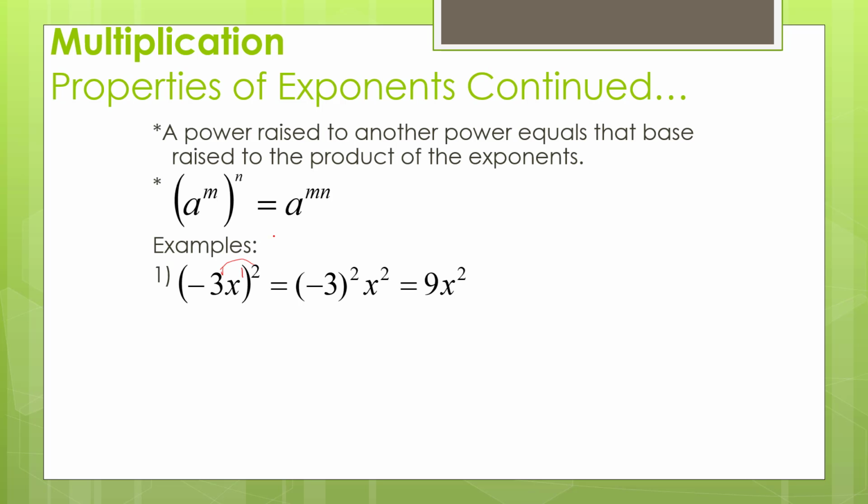And so my 1 times 2 get multiplied as a power for negative 3. Again, our 1 times 2 get multiplied as a power to x. So that ends up with negative 3 times negative 3, which is 9, x times x, which is x squared.